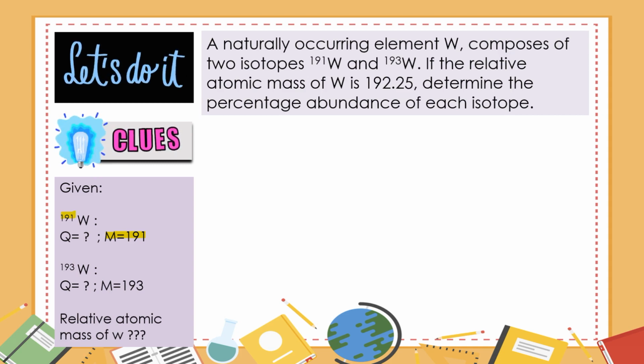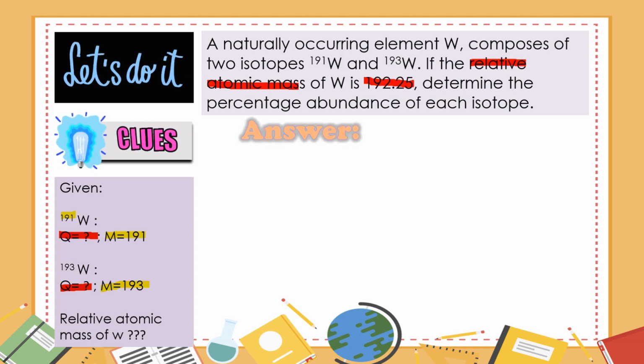For W-193, we also only have the isotopic mass. So we don't know the value of the abundance Q. This is what we want to find out. And one more piece of data already given is the relative atomic mass of W, 192.25.